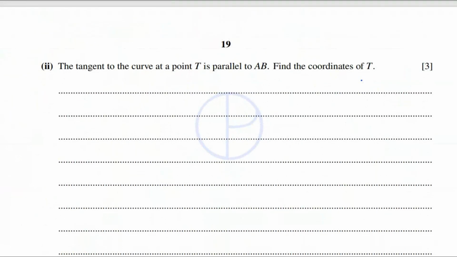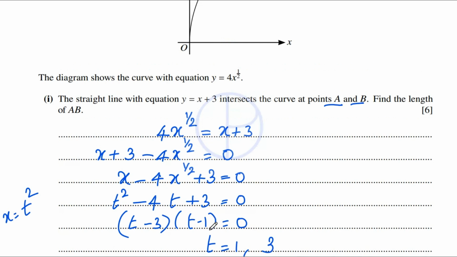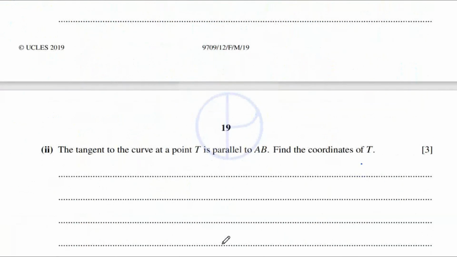The next part of the question is: the tangent to the curve at a point T is parallel to AB. Find the coordinates of T. The straight line with the equation y is equal to x plus 3 is the equation of the line joining the points A and B, which intersects the curve.